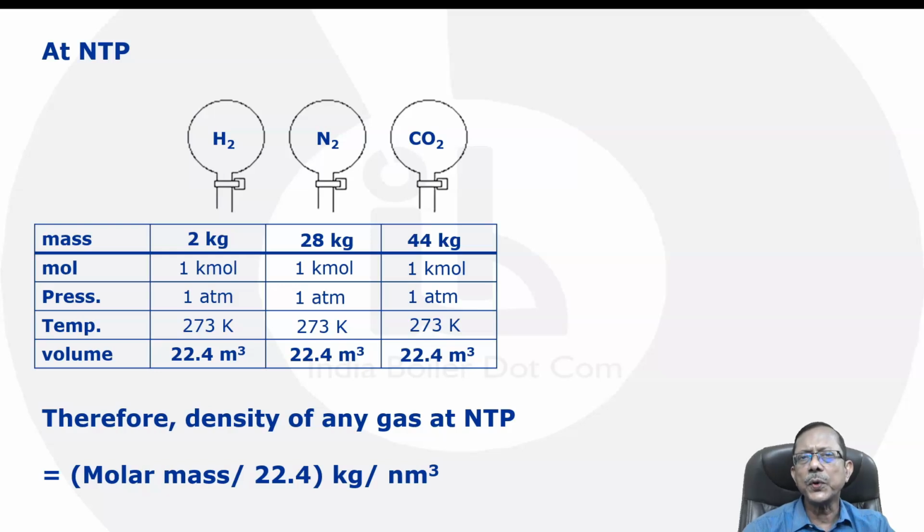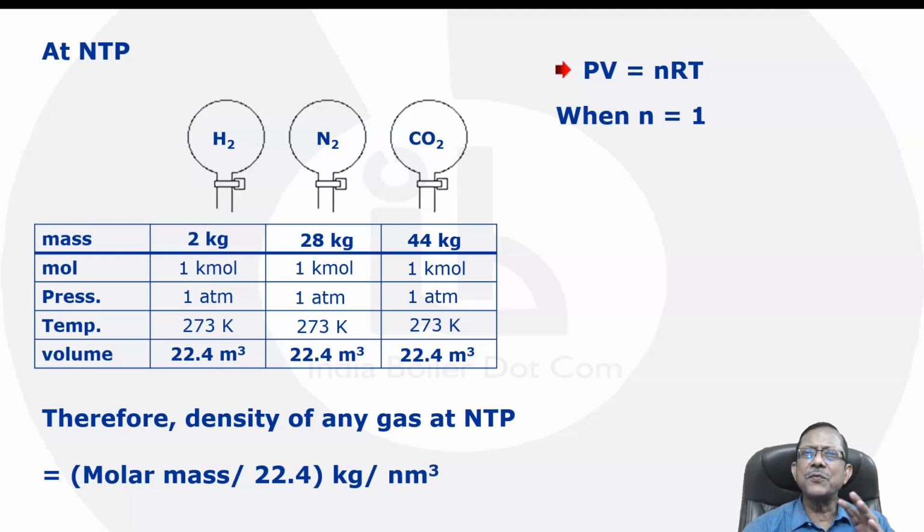Now we can arrive at this 22.4 meter cube mathematically also, using the same ideal gas equation PV is equal to nRT at NTP. If I take 1 kilomole, n will become 1.